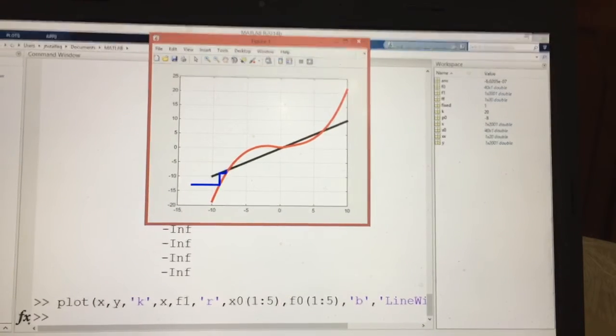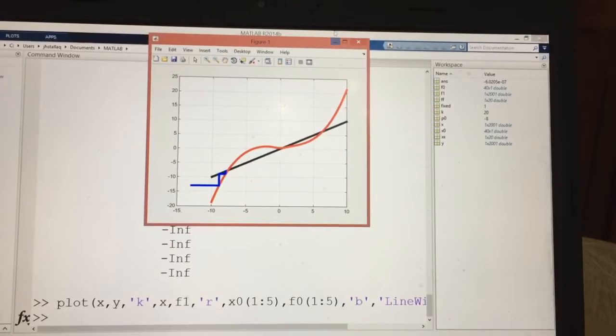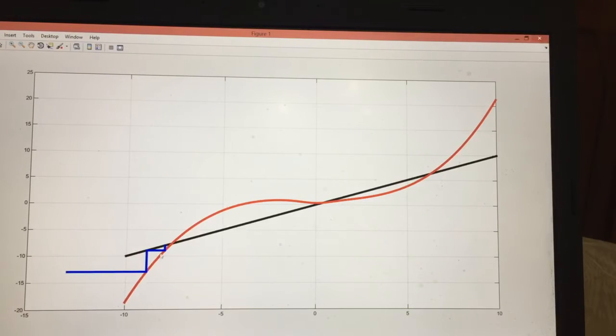You see, we started here, so it didn't go that side. It comes to the other side here, so it's diverging. And similarly, if we start at a point, let's say 7, somewhere here, again it will diverge.